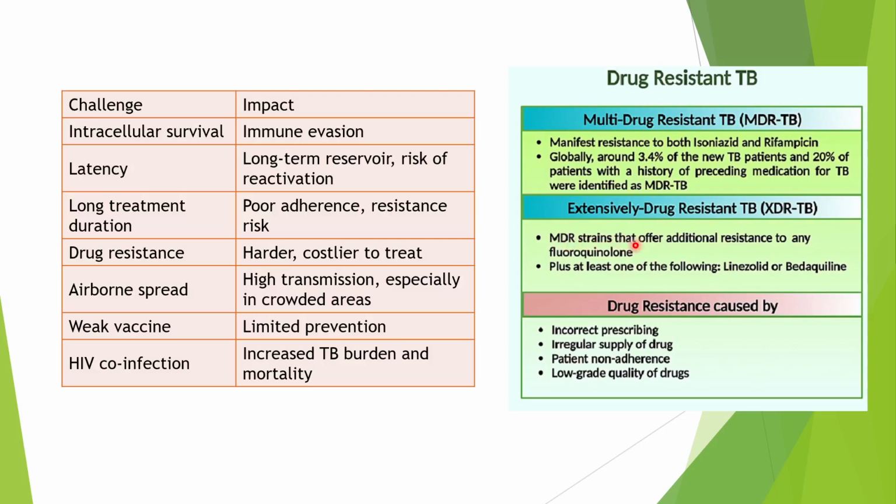So MDR strains that offer additional resistance along with the first line drugs, they have resistance to the key second line drugs like fluoroquinolone, plus at least one of the following, linezolid or bedaquiline. So these are XDRs, that is extensively drug resistant.